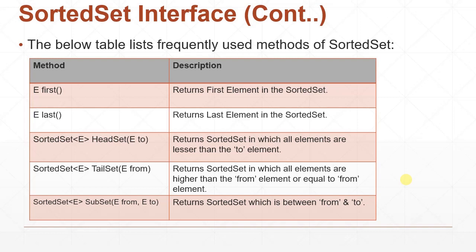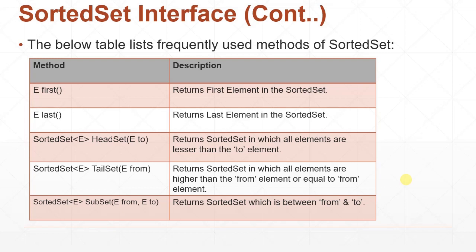Alright. The headSet method will take a parameter of an element that is stored in the sorted set, and when you make a call to headSet, it will return a subset of the sorted set. The subset ranges from the head element to the element which you pass.